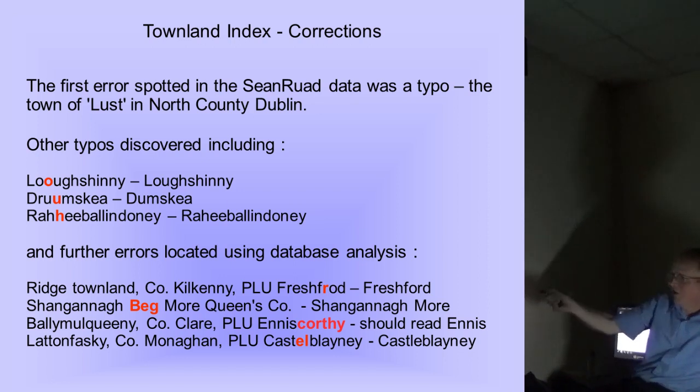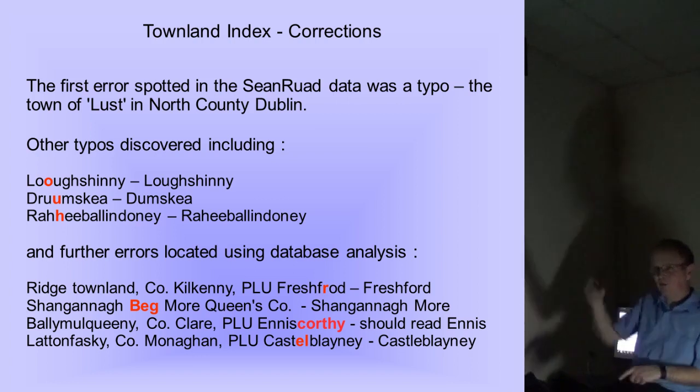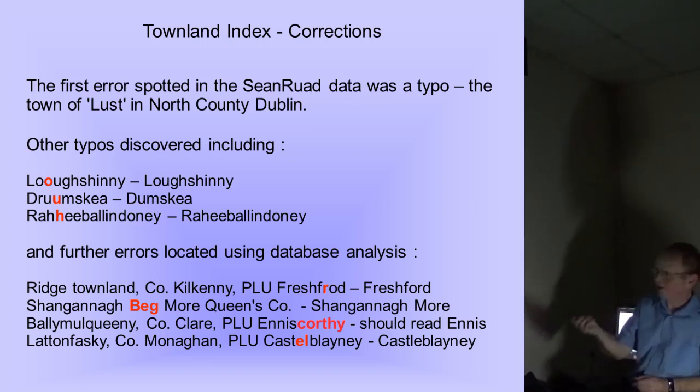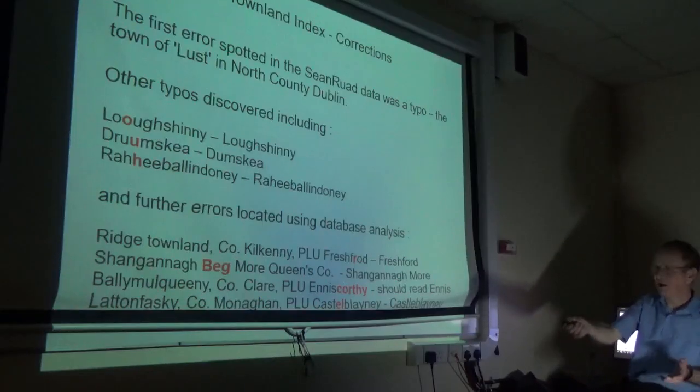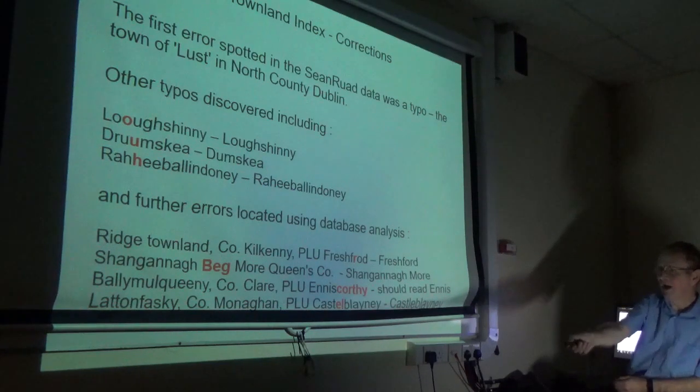Once I got it into a database, I started looking for other errors by checking where poor law unions were and where baronies were. And you see things like Fresh Fraud instead of Fresh Ford. And this one, it's obviously two townlands mixed up, Shangana Beg Moor instead of Shangana Beg or More. And there's a townland in Clare, poor law union, Escorty.